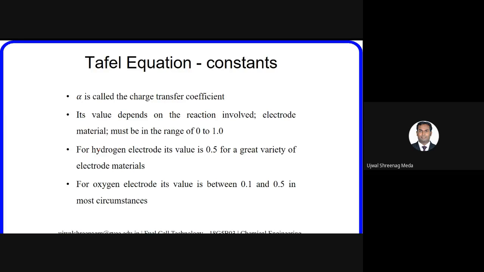Its value is different at different electrodes. In spite of that, its range is 0 to 1. At the hydrogen electrode, its value is mostly 0.5. At the oxygen electrode, its value varies between 0.1 and 0.5 in most circumstances.